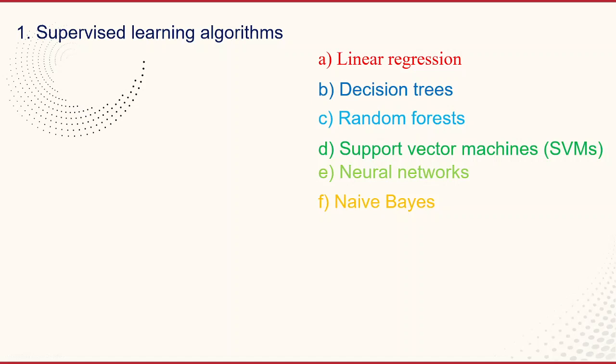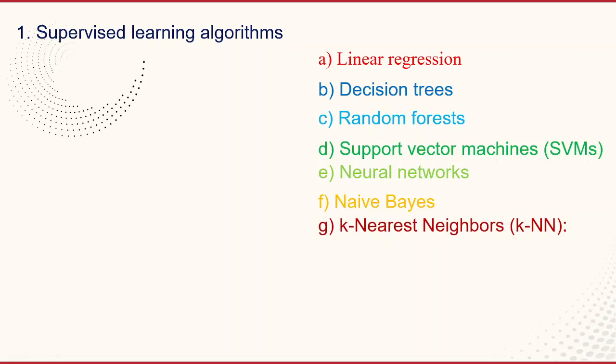This algorithm is based on Bayes' theorem and assumes that the features are independent of each other. It is often used for classification tasks such as predicting whether an email is spam or not. Next is K nearest neighbors, KNN.